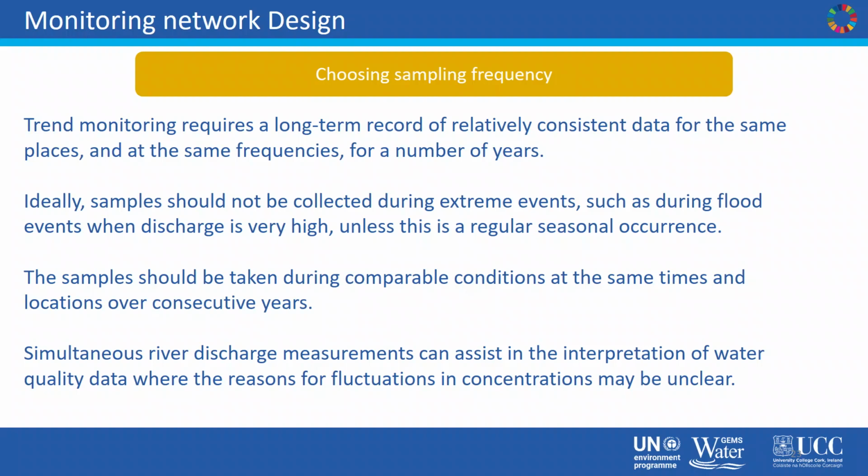Ideally, samples should not be collected during extreme events, such as during flooding or when discharge is very high, unless this is a regular seasonal occurrence. The samples should be taken during comparable conditions at the same times and locations over consecutive years. And ideally, simultaneous discharge measurements can assist in the interpretation of water quality data at a later date.